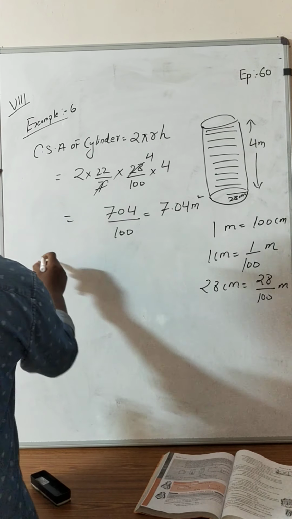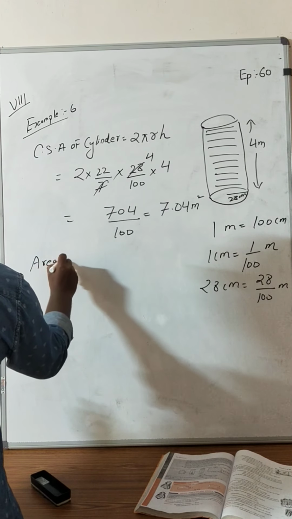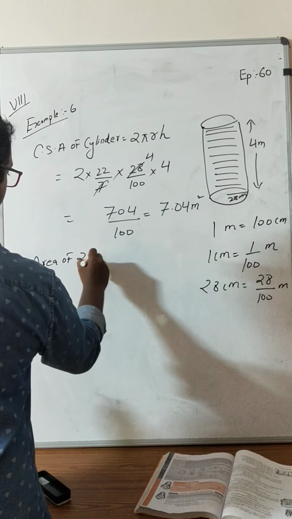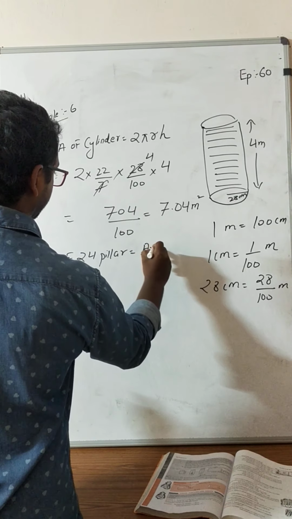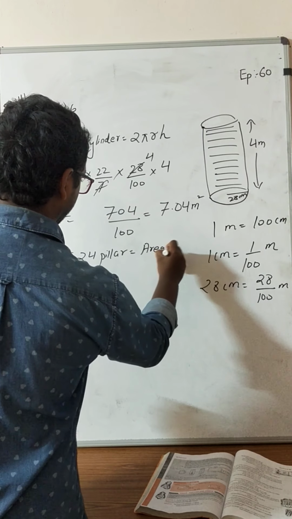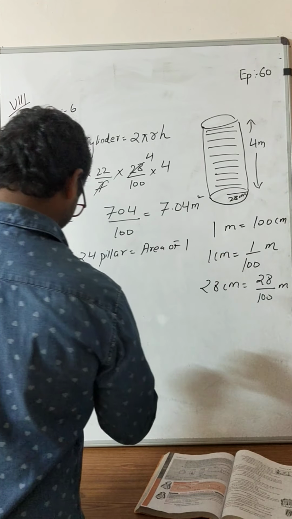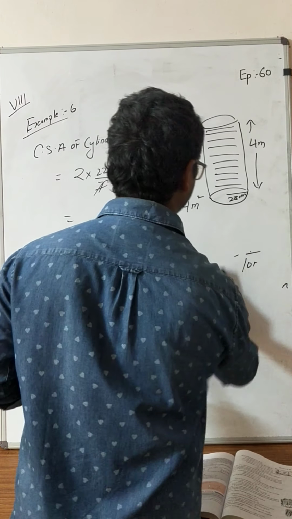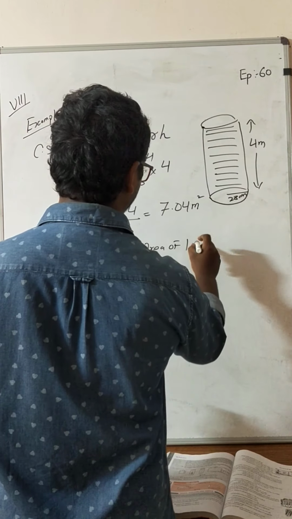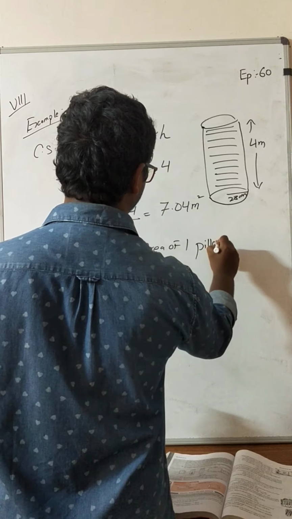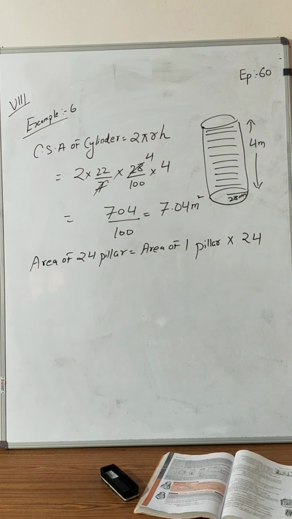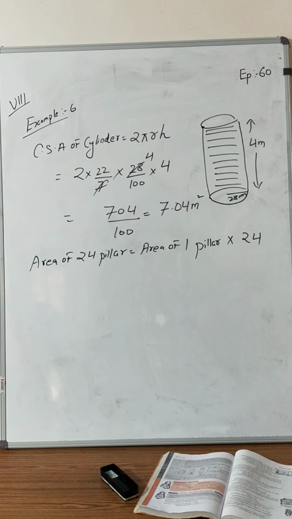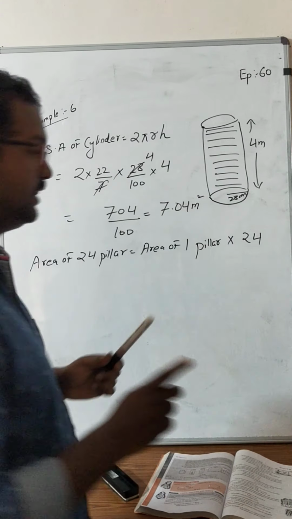So area of 24 pillars is equal to area of one pillar into 24.